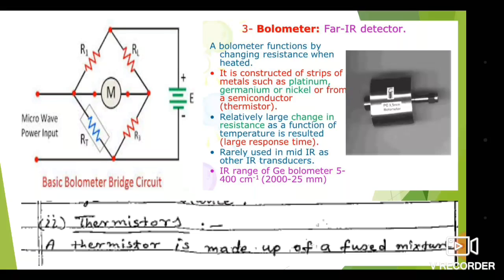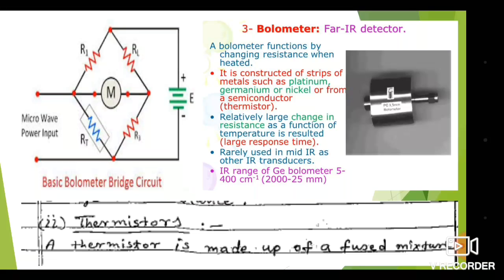It is rarely used in mid IR as an IR transducer. The IR range of the bolometer is 5 to 400 cm^-1, that is, nearly 2000 to 25 micrometers. This is about the bolometer.